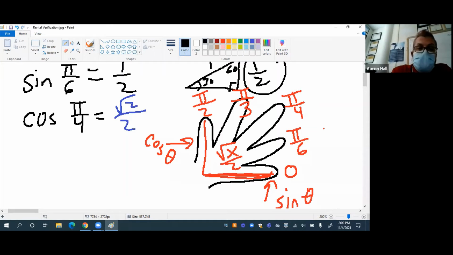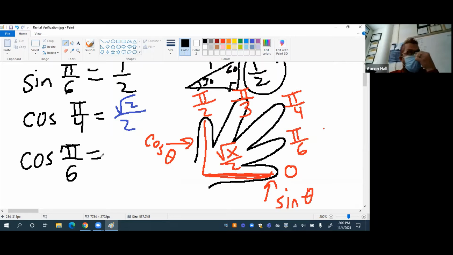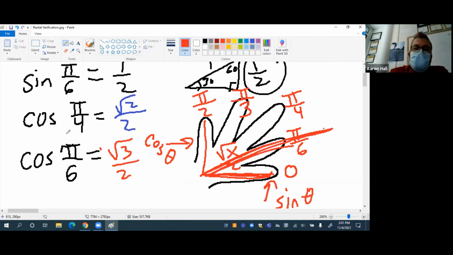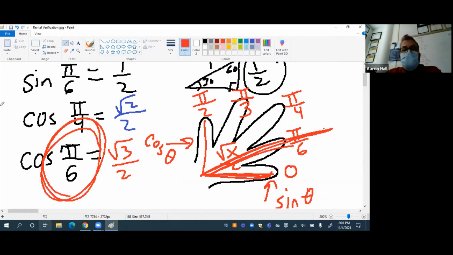Okay, let's do another one. What if I'm trying to find cosine of pi over 6? Nice. Square root of 3 over 2. I'm going to put this finger down right here because that's my angle.